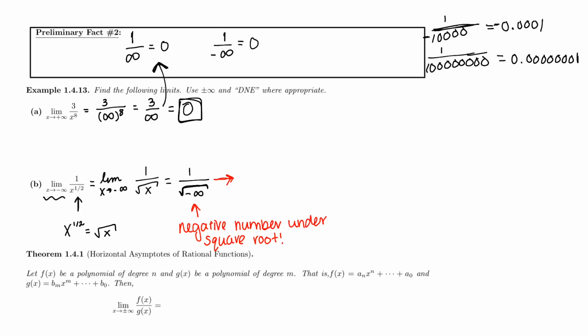What is that negative sign under the square root going to do to this limit?